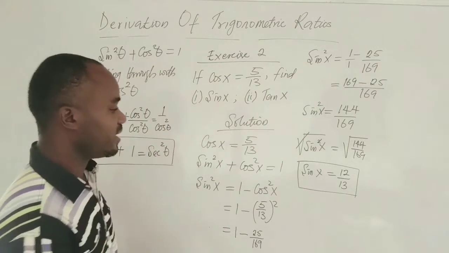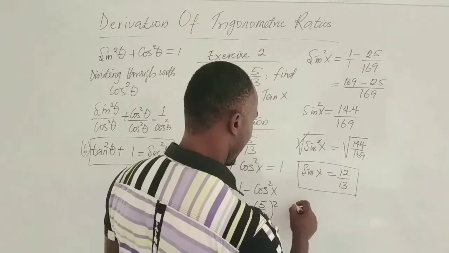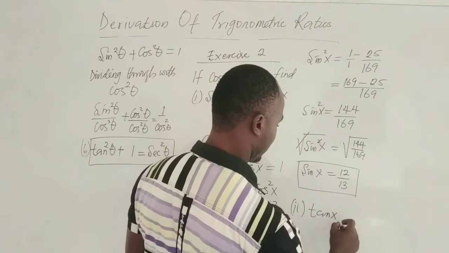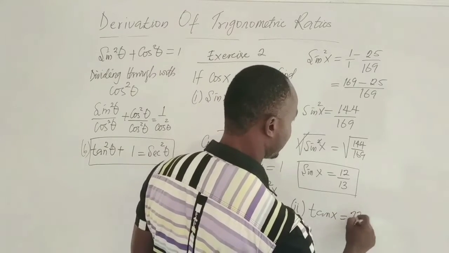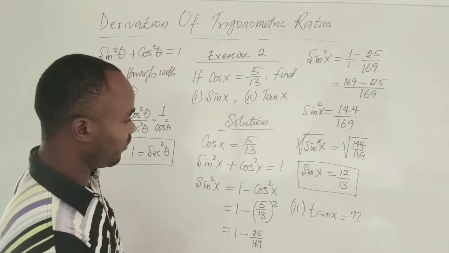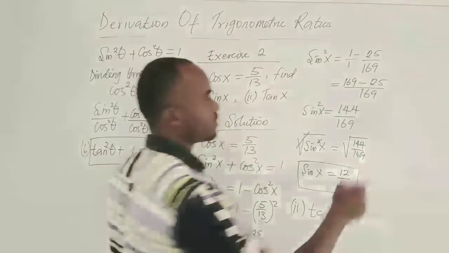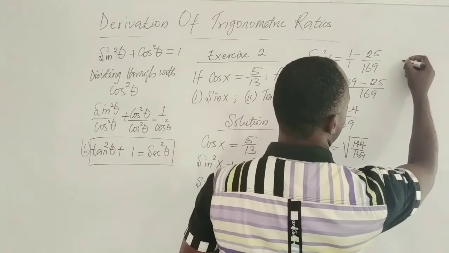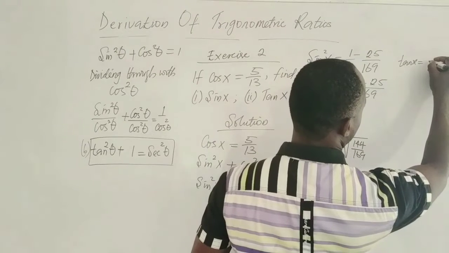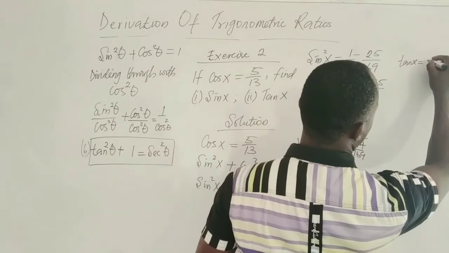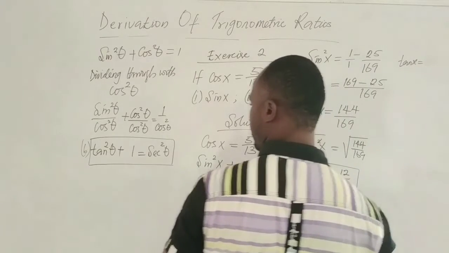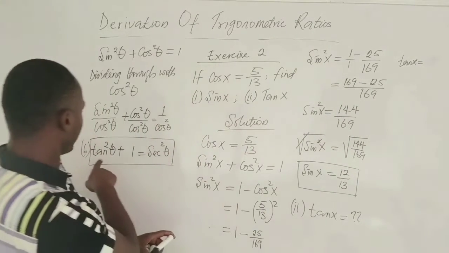Question I. So let's look at question number II. That is tan x. What do we do? How do we get this? Tan x is very simple. We recall what we had before. Look at the tan theta.